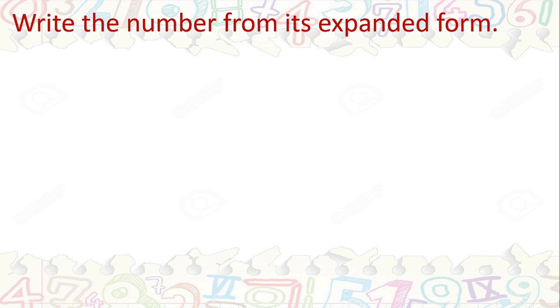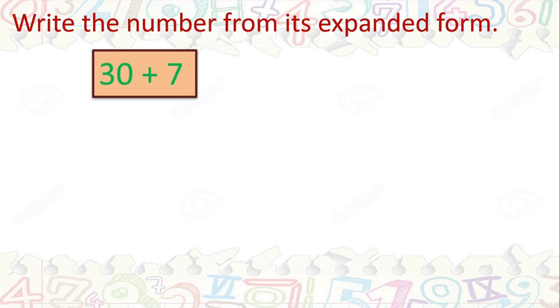Write the number from its expanded form. Now we will do the reverse. Okay. First they will give us the expanded form. See here. Now by using this expanded form we have to write the number. This also you know. Correct?